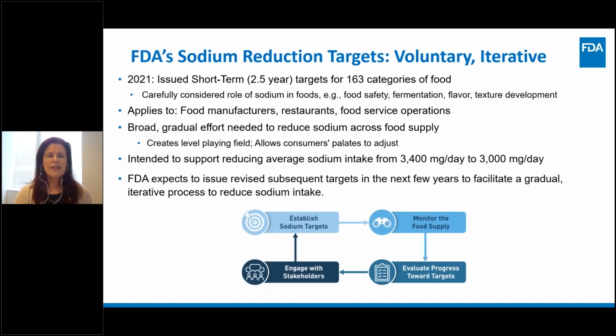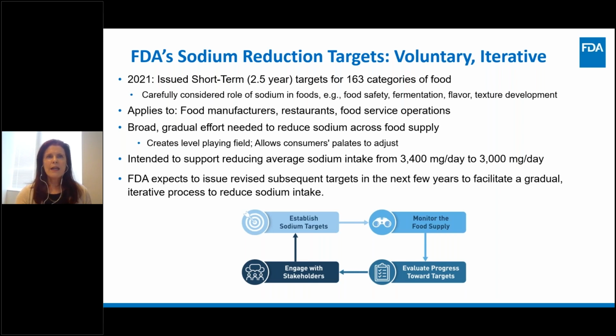Another thing that's different since 2015, many are no doubt aware, FDA issued voluntary draft guidance, short-term targets for about 163 categories of food, issued as draft in 2016 and finalized in 2021. That guidance was intended to support reductions to around 3,000 milligrams per day, which would still be an improvement, but is also still higher than even the upper level that's recommended to reduce your risk of chronic disease.